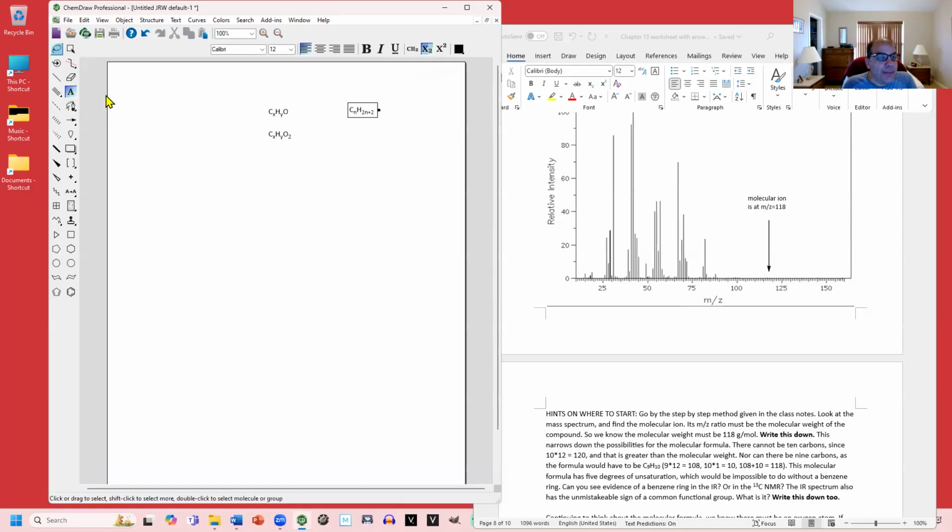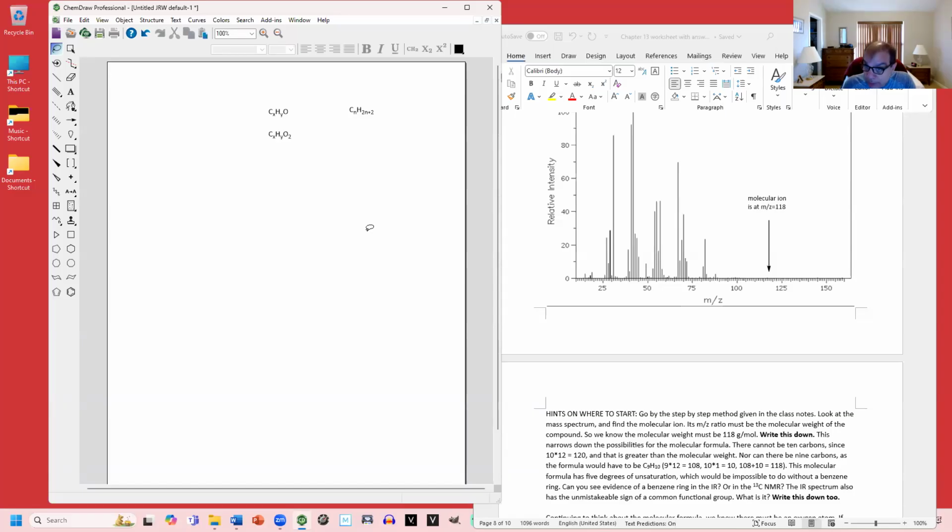What that means is that if there's n carbon atoms in the molecule, there can be no more than 2n plus 2 hydrogens. That's one of the rules about molecular formulas that you would have learned about in chapter 7 when you talked about degree of unsaturation or index of hydrogen deficiency. So if there's n carbons, you can't have any more than 2n plus 2 hydrogens. There's a limit on the types of formulas you can have.